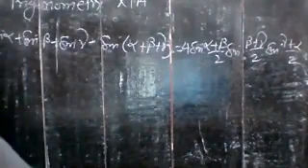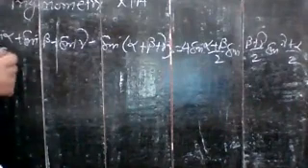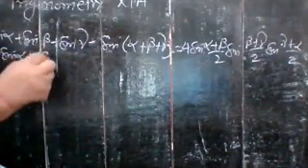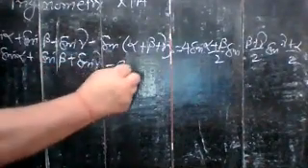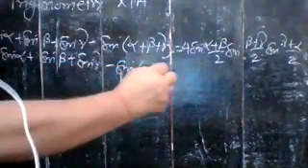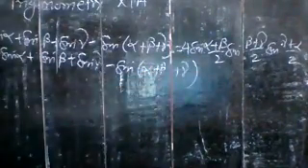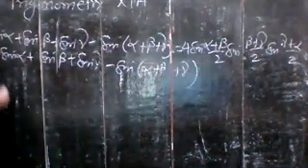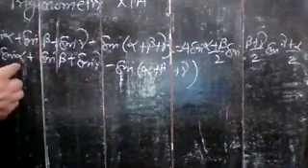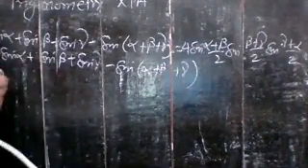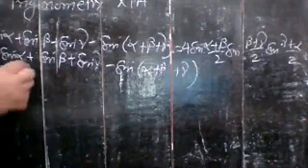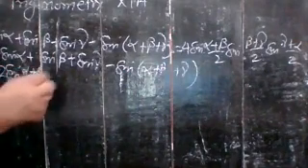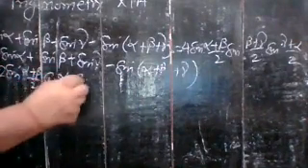Okay, so first you write this one. Now taking the left side, which is sine alpha plus sine beta plus sine gamma minus sine of alpha plus beta plus gamma. Now applying the identity for sine x plus sine y, you have 2 sine alpha plus beta by 2 cos alpha minus beta by 2.